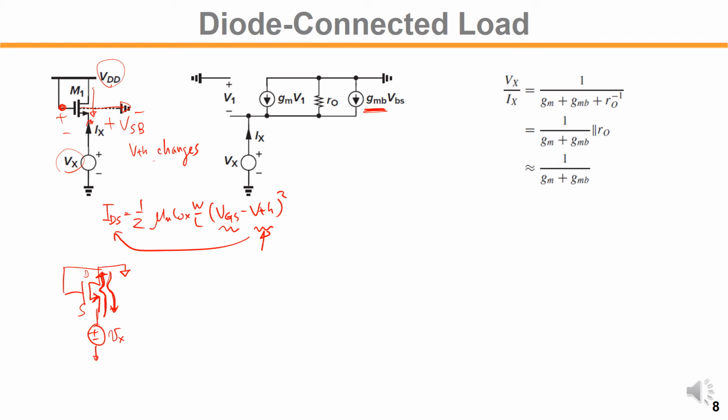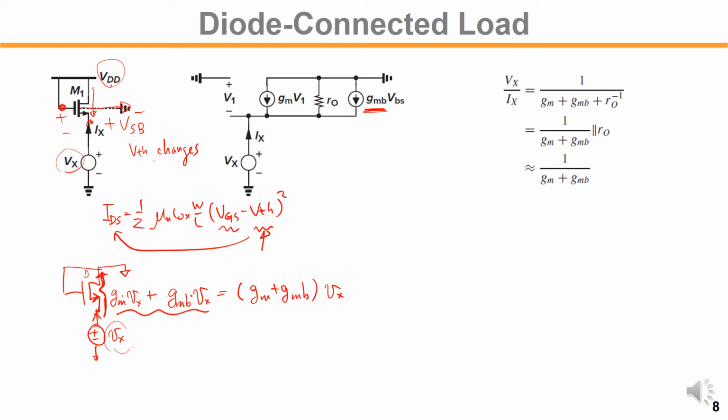For this case, if you change Vx, then the current will change. The amount of current will be Gm times Vx, right? And also the additional variation by the Gmb. The body VSB changes according to the Vx variation, so Gmb times Vx is there. So the total amount of current will be Gm plus Gmb times Vx.